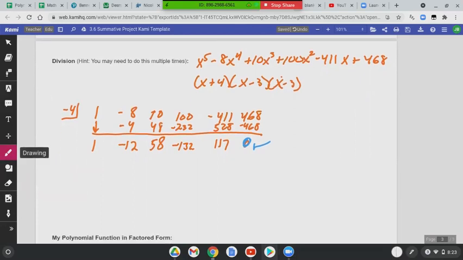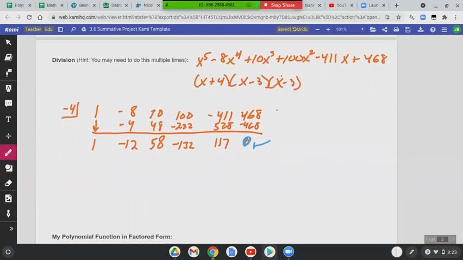So I'm just going to use my new expression here. I've gone from a 5th degree. This is now a 4th degree. And now I'm going to use one of these two. If those are my roots, those are my factors, I'm going to use a root of 3. Then I repeat the process. 1, multiply. Add, multiply.